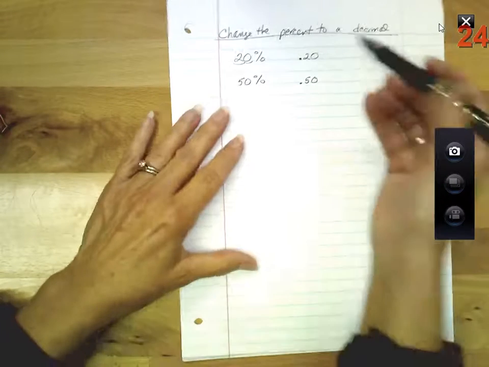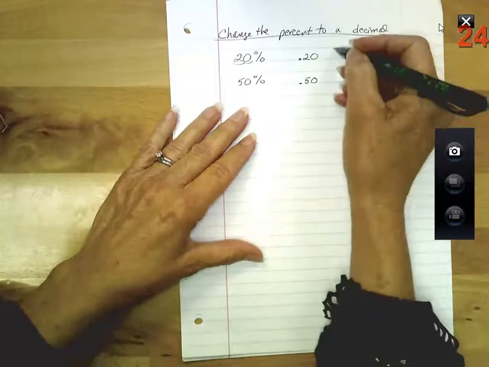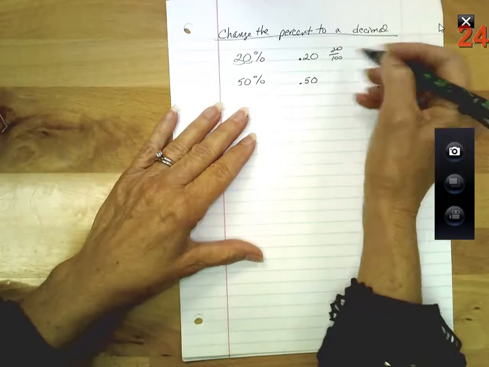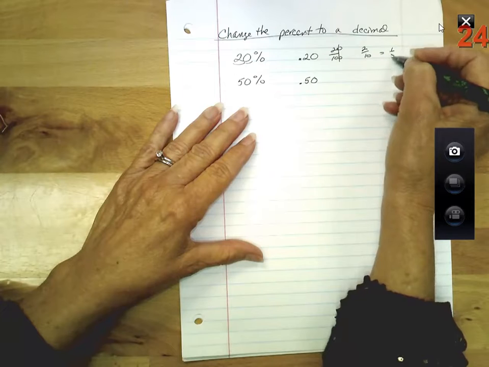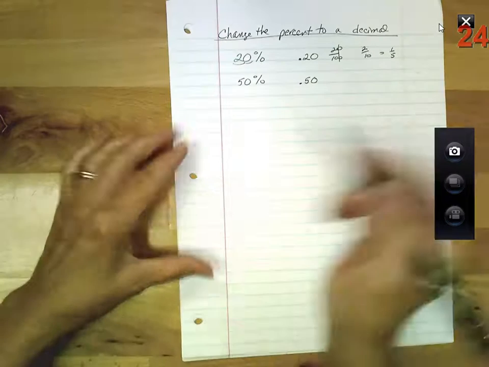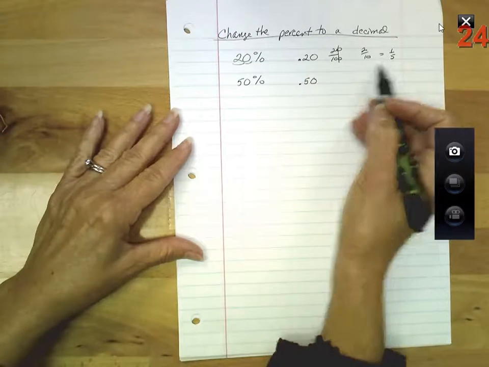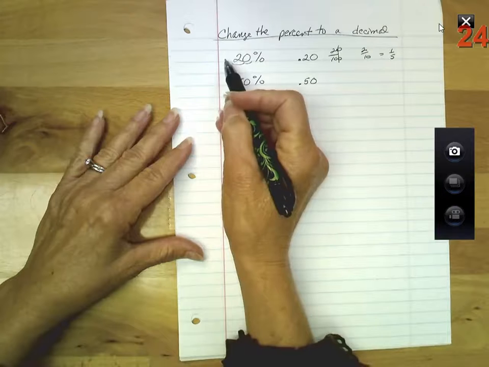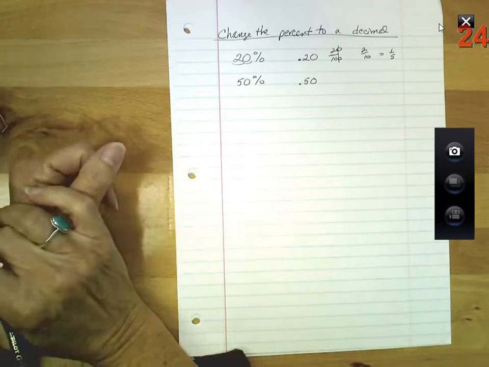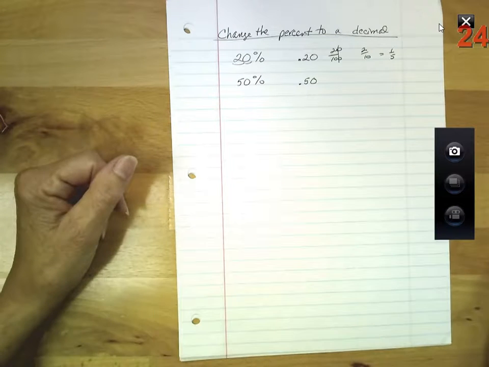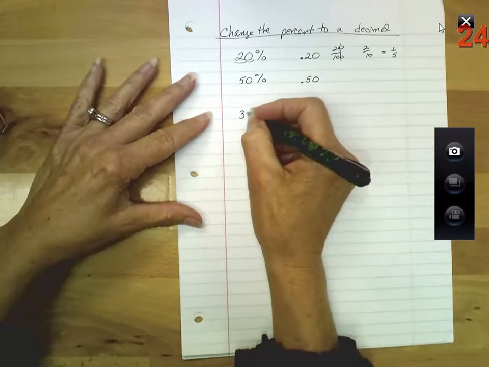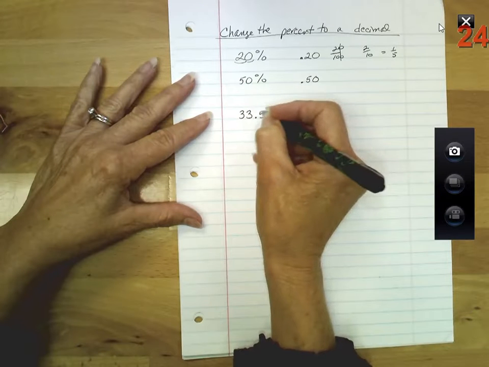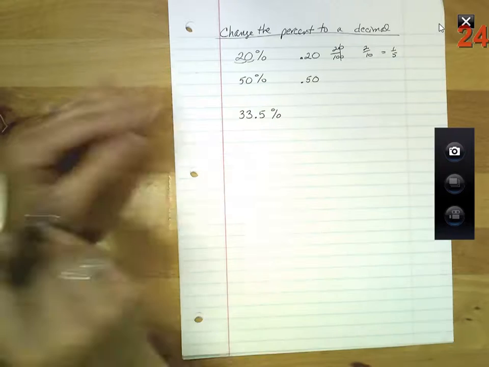If I wanted to do this to a fraction, that would be 20 hundredths, which is 2 tenths, which reduces to 1/5. And you may start off with a fraction and have to go back this way. Now, suppose you have something like 33.5%.